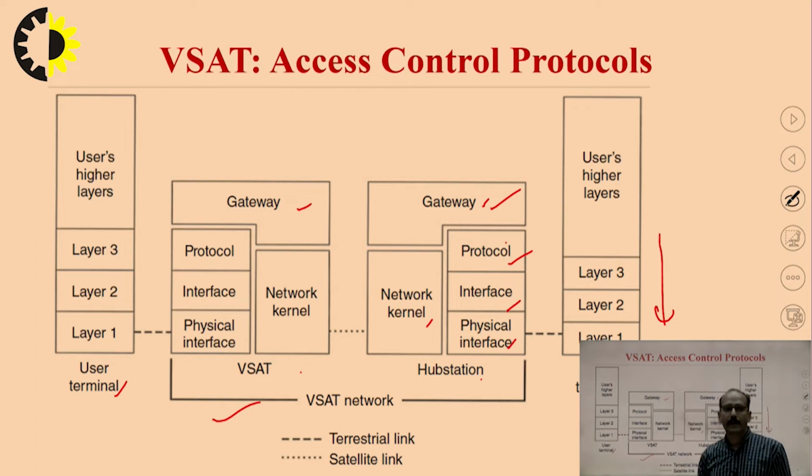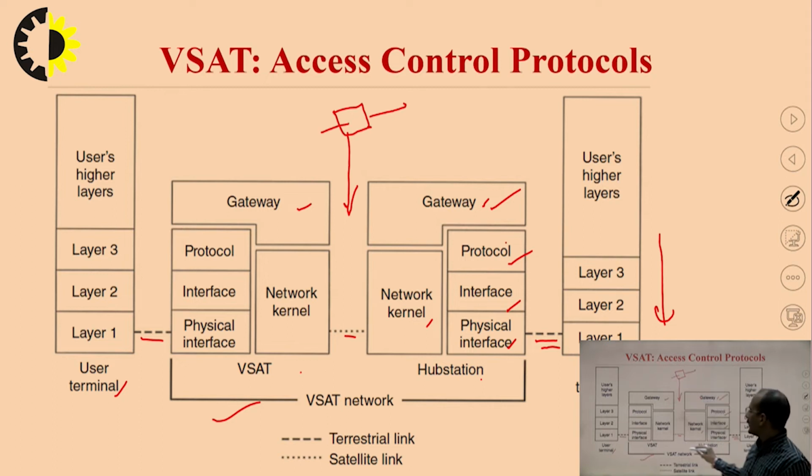Here you can see that this is the terrestrial link, because both of these are placed on the earth, as this hub station is present on the earth and this terrestrial link is giving the data to the hub station. Then this hub station is sending the satellite data to the satellite on a satellite link, meaning the satellite is here, satellite is here.